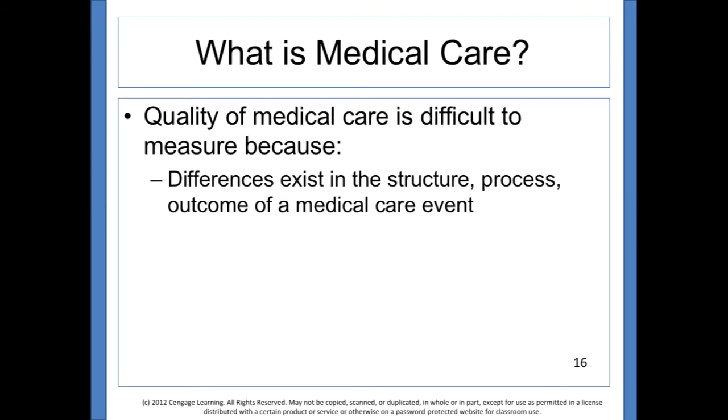So again, we want to see what we have to do here when we want to quantify, assess, and measure them. The other problem is that the quality of medical care is difficult to measure, and that's because of the structure, process, and outcomes of the medical care events.